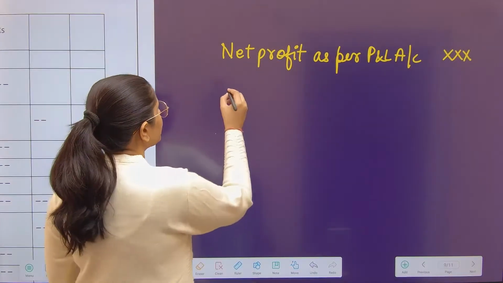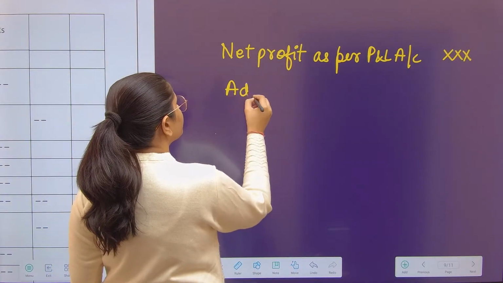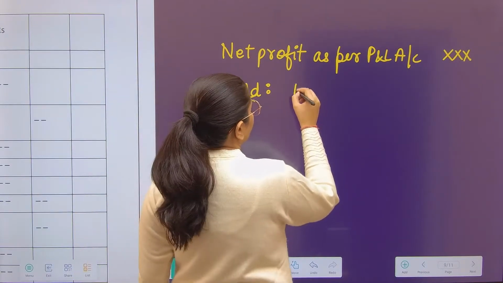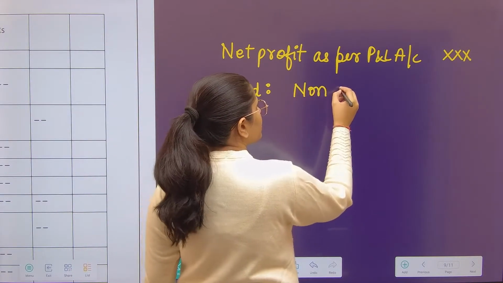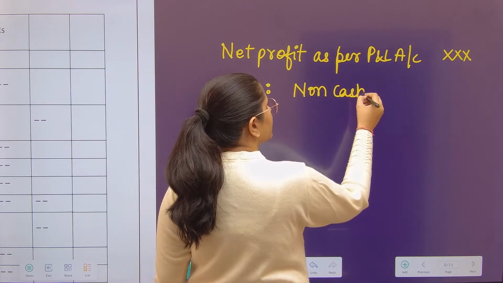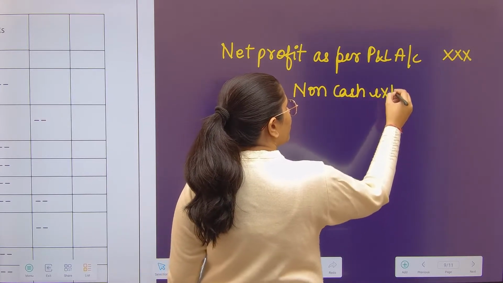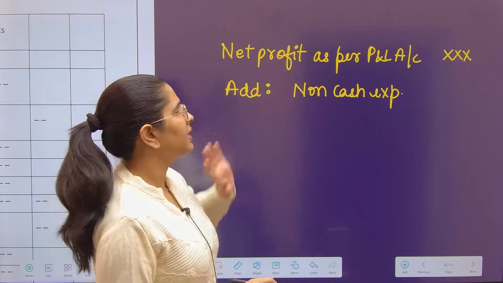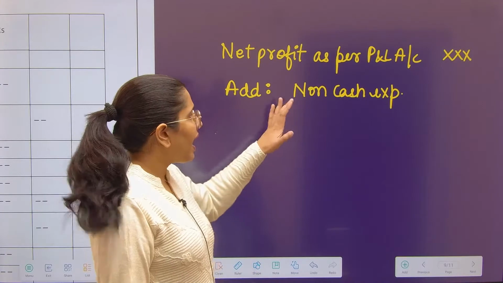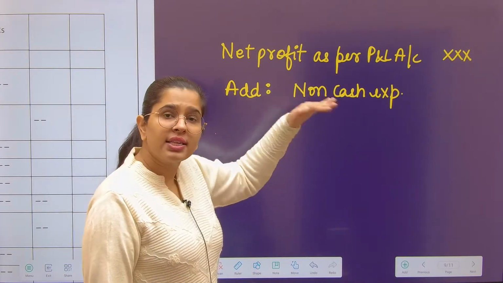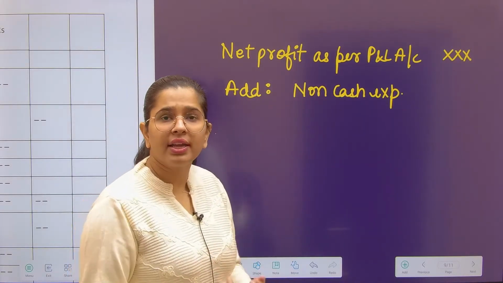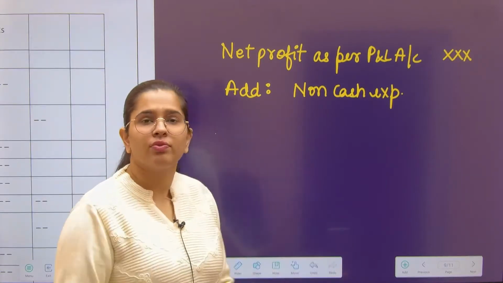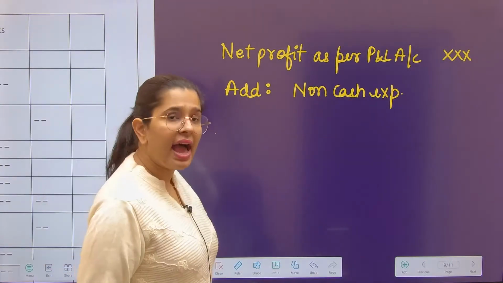So what I'll do is, I will add non-cash expenses like your depreciation, which has not been incurred in cash but has been deducted in P&L, right? So I have to add it back because in actuality I have not incurred a single penny. No cash has gone out of my pocket. Hence I will add it.